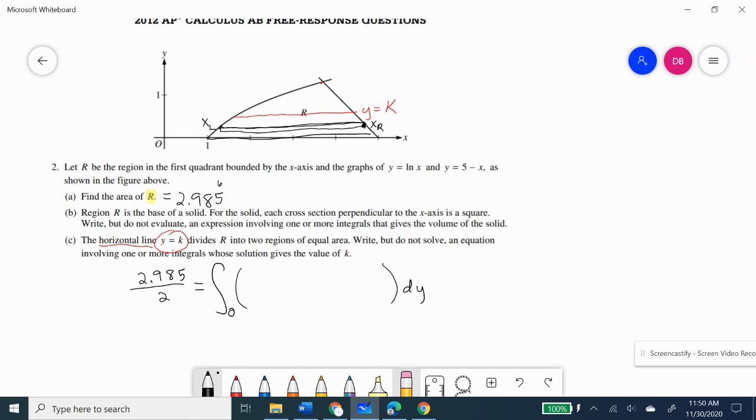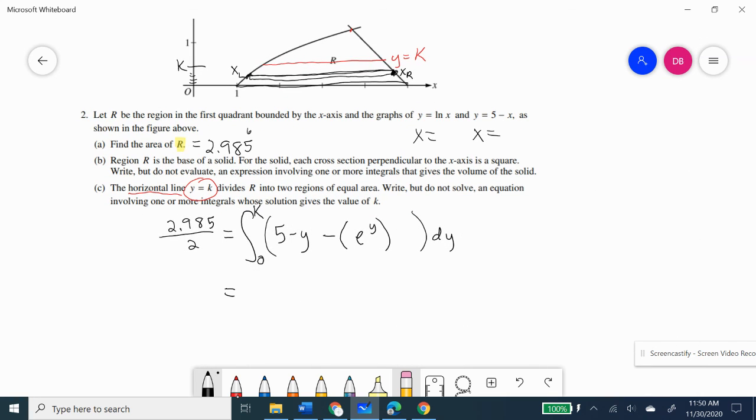Y equals 0 until we reach whatever k is equal to. Then I need the right x minus the left x. So that goes back to the formulas we had found earlier. X equals 5 minus y creates the right side. And x equals e to the y makes the left side. I didn't need the parentheses, but I wanted to emphasize the subtraction. And that would work.